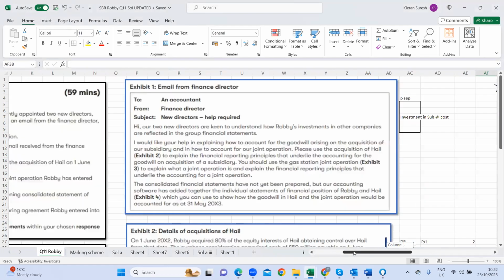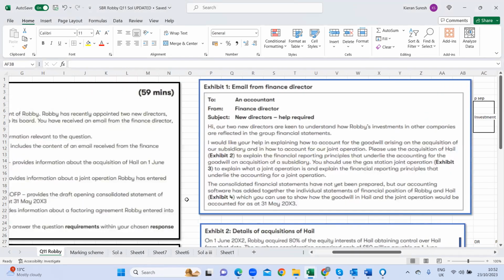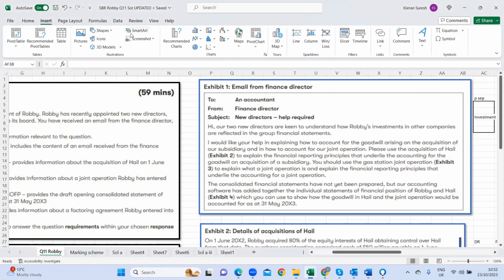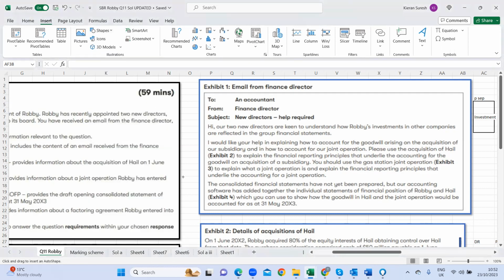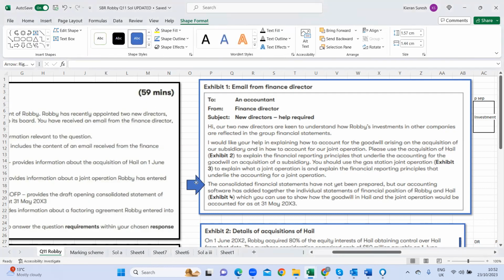If I go to the email that I've received from the finance director and read this particular paragraph slowly, you can see the consolidated statements have not yet been prepared, but our accounting software has added together the individual statements of financial position of Robbie and Hale.